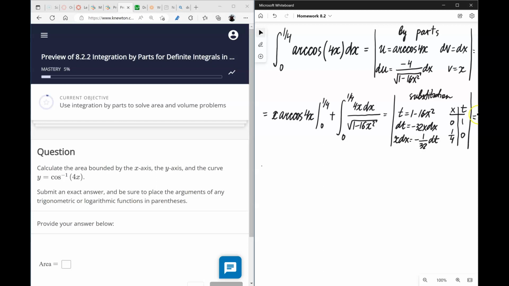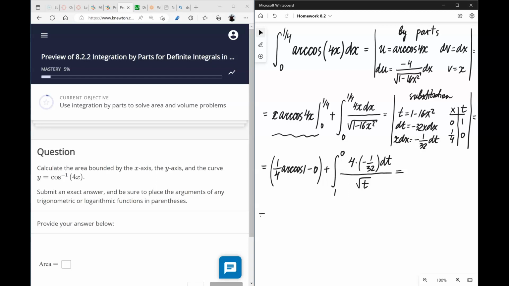So, continuing with the problem, we evaluate this using the fundamental theorem of calculus, so it's 1/4 arc cosine of 1 minus 0, that's that, plus we now have integral with respect to t from 1 to 0 of 4x, but it's not 4x, it's going to be 4 times negative 1 over 32 dt divided by the square root of t.